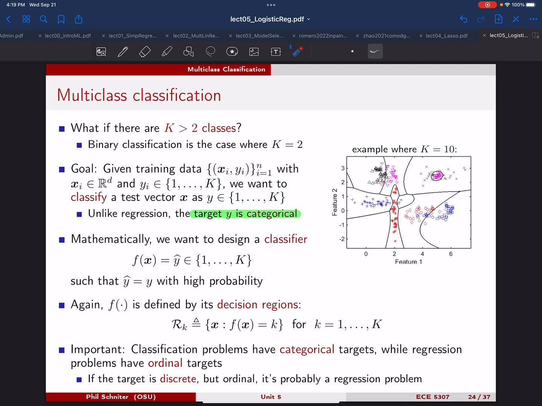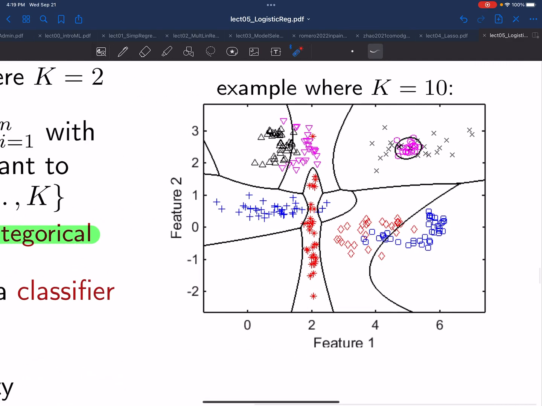Here's one illustration on the right where we're plotting the case where you have 2 features, d equals 2, but you have 10 possible different categories, plotted with different markers. These are the training examples, like one category is here, another category is here, and so on.